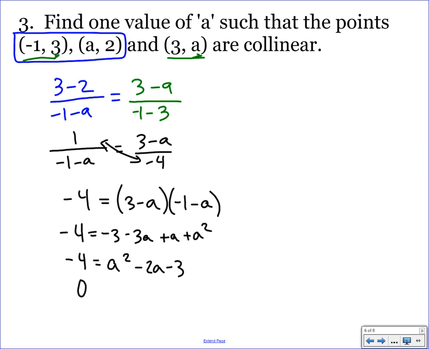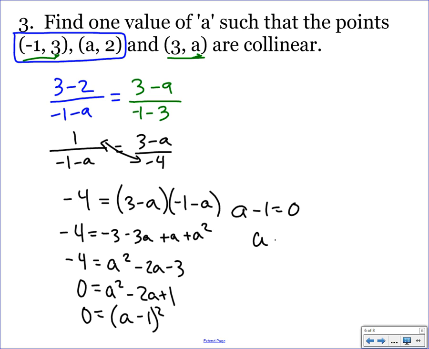Add the 4 over because it's a quadratic. So now I factor that. A minus 1 squared. So a minus 1 has to equal 0. A is equal to 1. Sometimes you're going to get 2 values here because it's going to factor something that looks a little different.